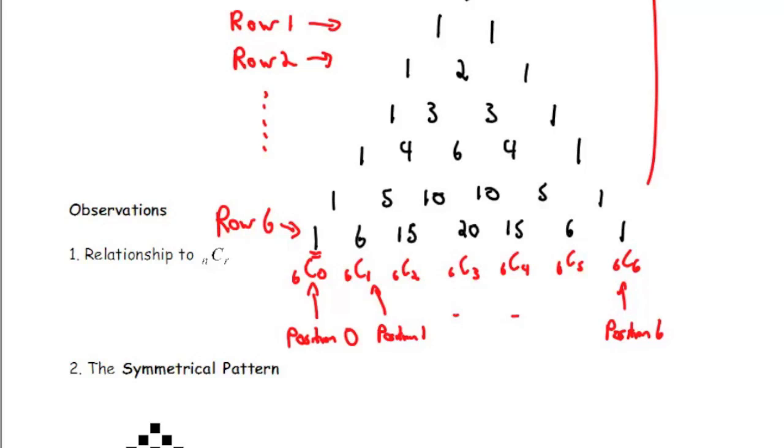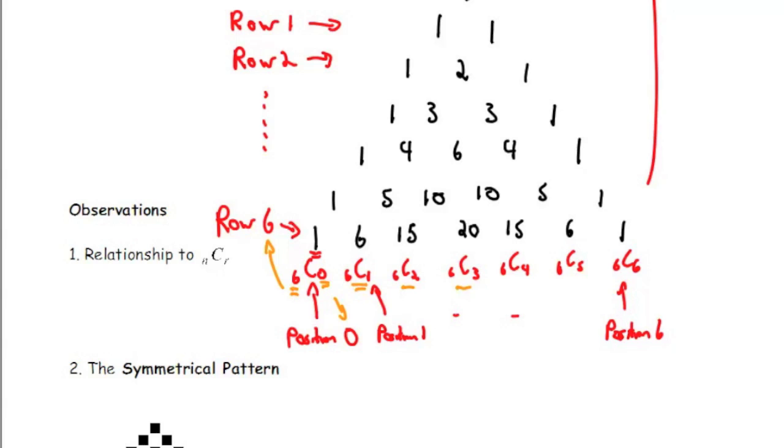Let's see if we can relate any of the numbers within our combination notation to things we know in Pascal's triangle. Let's start with this 6. This 6 is exactly the same as the row number that it's in. And this 0 is exactly the same as the position number it's in. So take a look.